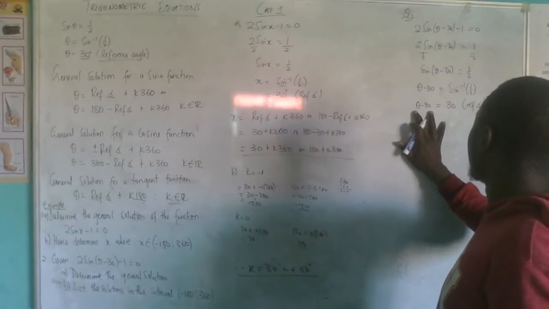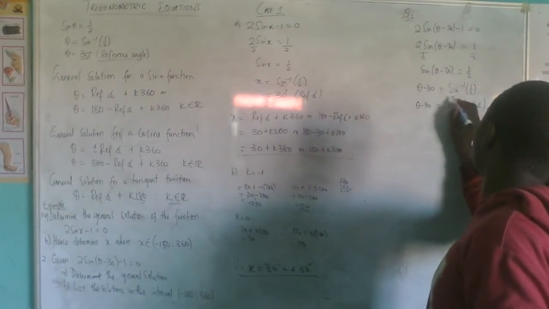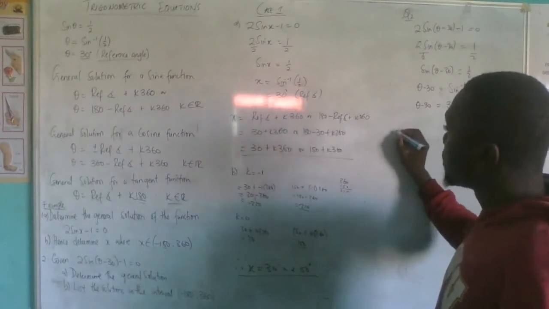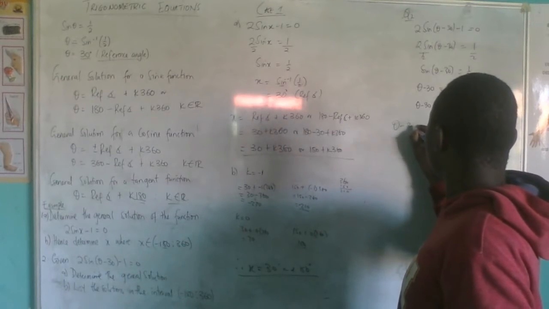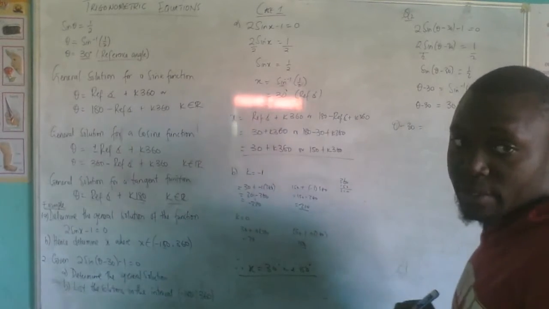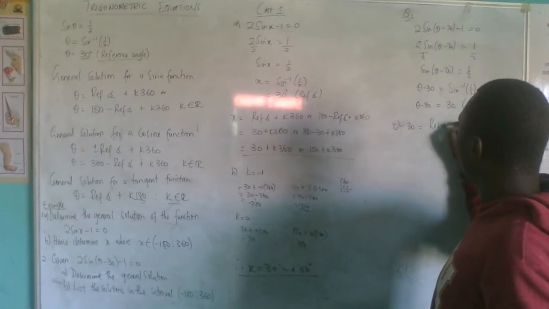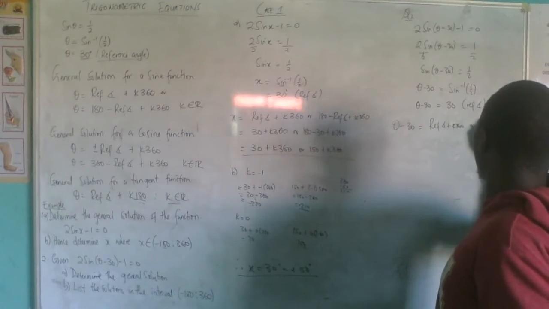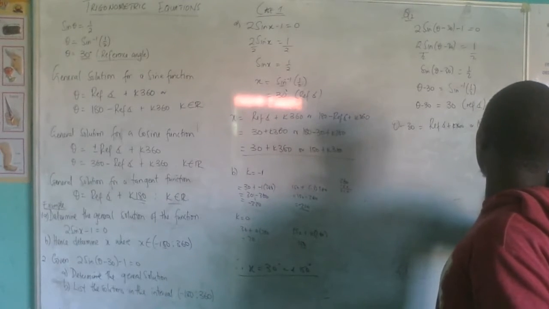I'm taking this as a reference angle before I transfer 30 to the right hand side. So what do I do now? Take that as a reference angle, and which trig ratio did I use to get the reference angle? Sine. So I'll say theta minus 30 equals the general solution, which is the reference angle plus k 360, or 180 minus reference angle plus k 360.